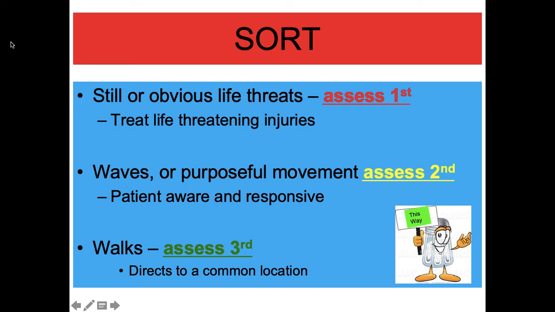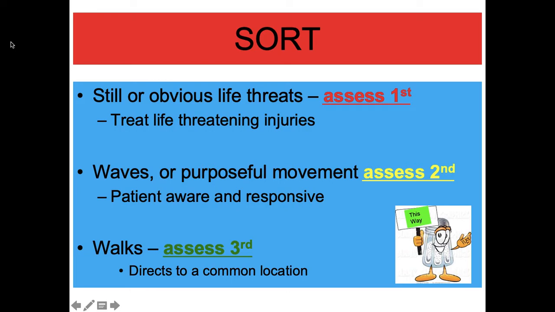So let's say half the room gets up and walks towards you. You're going to guide them out the door to another location. And there'll be firefighters and EMTs there to help them, to treat them and to care for them. So what you've done now is you've taken away all the walking wounded.